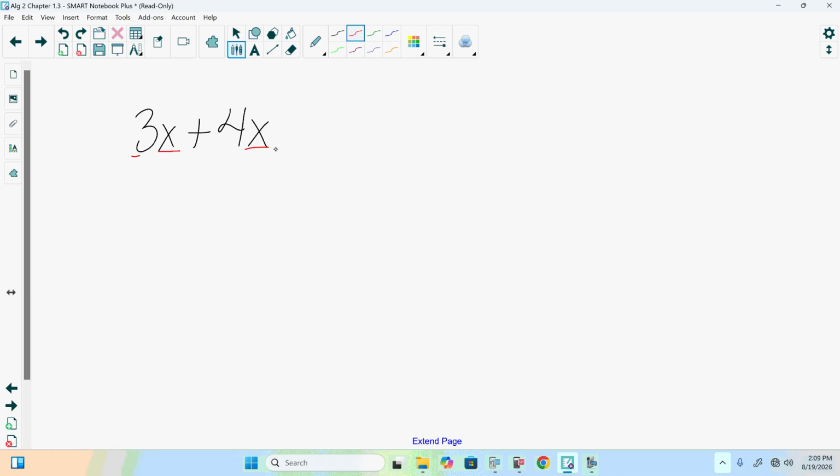Both of these have x in common, yes? So technically, I can factor it out of this here. I can divide it out of both terms. If we divide the x out of the 3, we're left with 3. Because we factor it out, it goes from 3x to just 3. X is out front. Plus, if I factor the x away from 4x, we're left with 4.